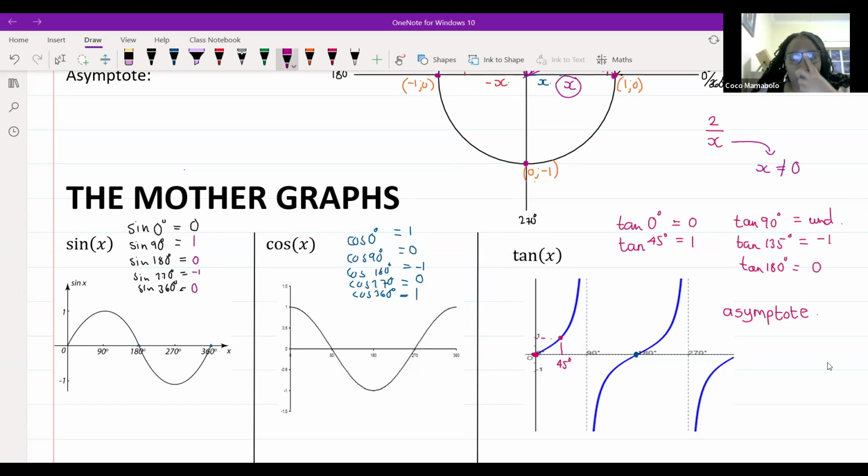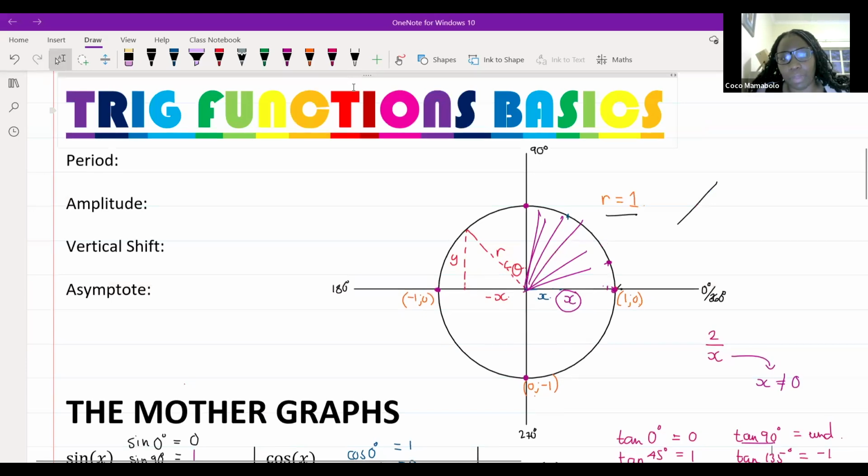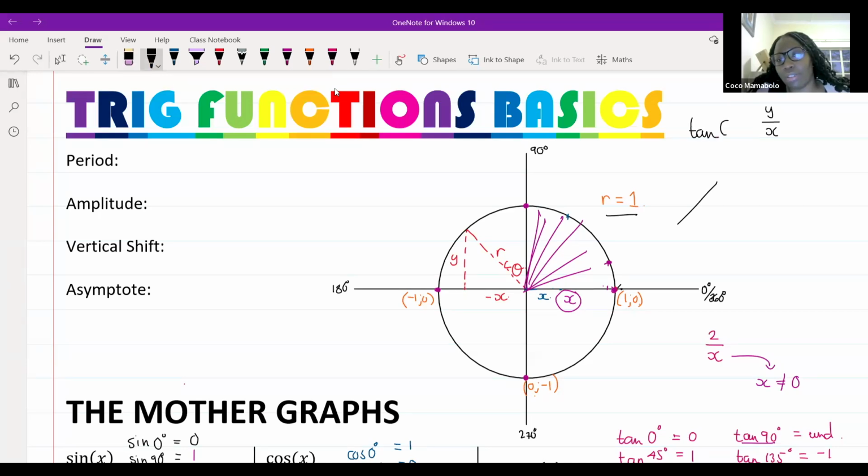So in order for tan of 90 to give us a problem, let's look at our Cartesian plane very quickly. Tan on the Cartesian plane is equal to my y value over my x value. That's tan of theta equals y over x, or opposite over adjacent. But at the point 90, this circle has the coordinates 0 and 1, because it's a y-intercept.